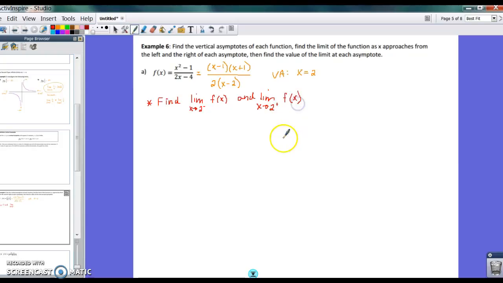Okay? So how are we going to do that? We are going to pick values that are really close to 2 on the left of 2, and then pick values that are really close to 2 on the right of 2 and plug those into the original function. Okay?